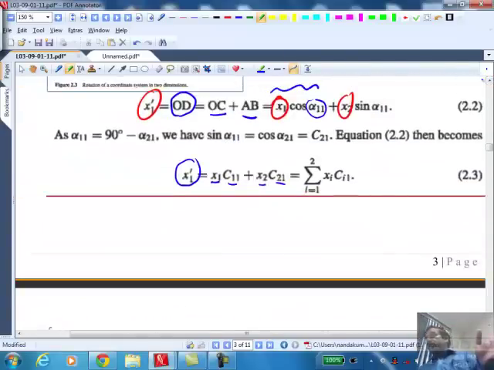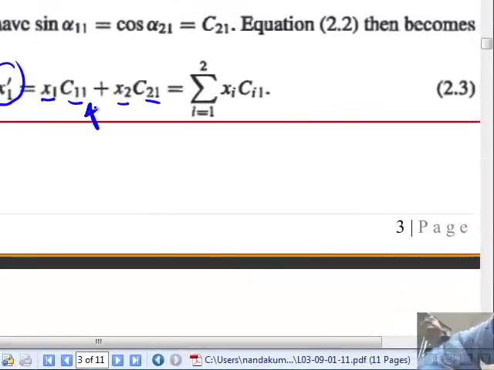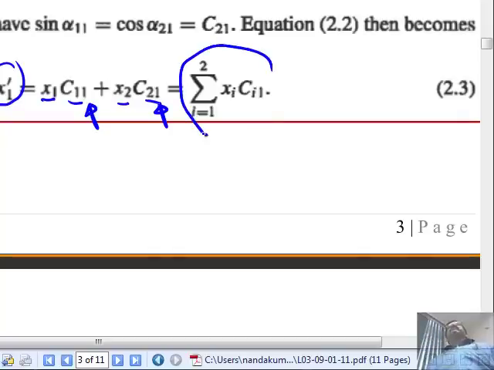He shows that I can obtain x1 prime in terms of x1 and x2. I'm going to write it in a compact form as the summation of xi ci1, because the second index remains the same, 1, and the first index runs over 1 and 2. The nice thing is, when I go to 3D, all I need to do is change this from 2 to 3, and take the cosine of the angle between all 3 old coordinates and 3 new coordinates.